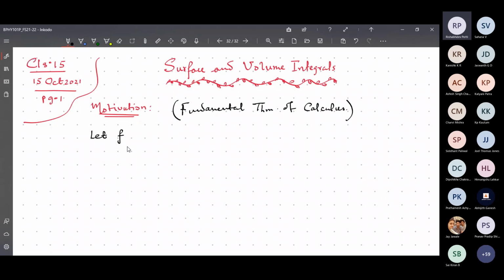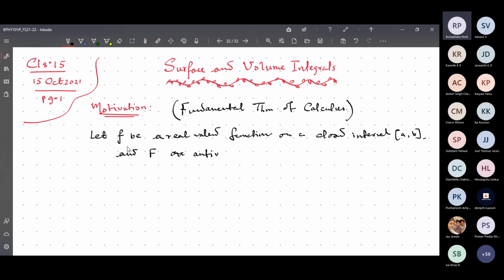Let f be a real valued function on a closed interval [a, b], and capital F an antiderivative of f in this interval.